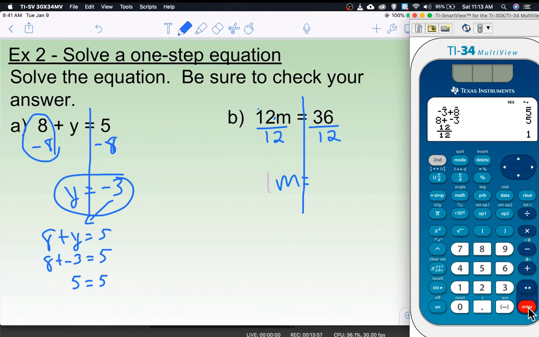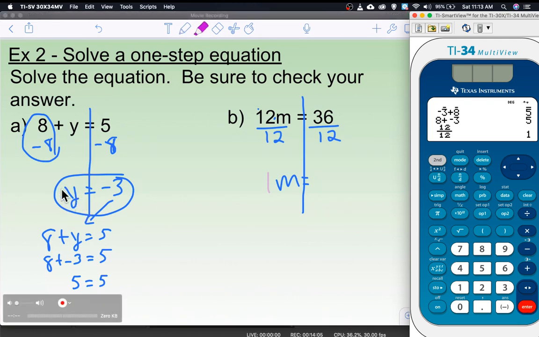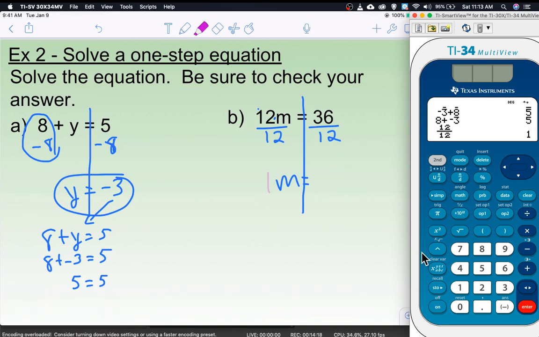But for the most part, we want the m to be by itself. In the previous problem, this y here, there's 1y. We just don't write the 1. Same way here, this is a 1m. Well, I don't need to write this one. That's why I kind of wrote it as a ghost 1. I can get rid of that 1 anytime I want, and we're fine.